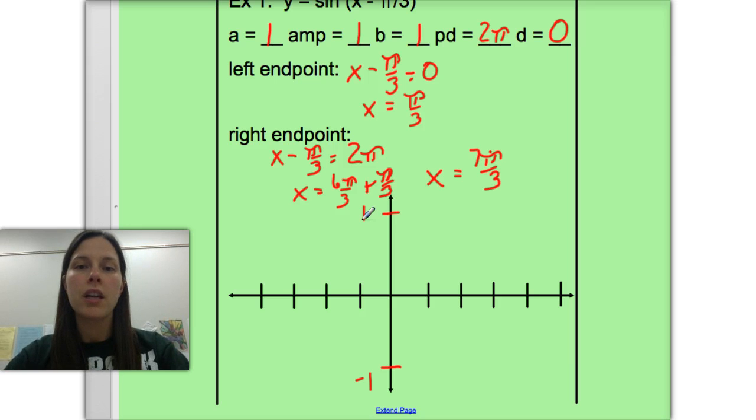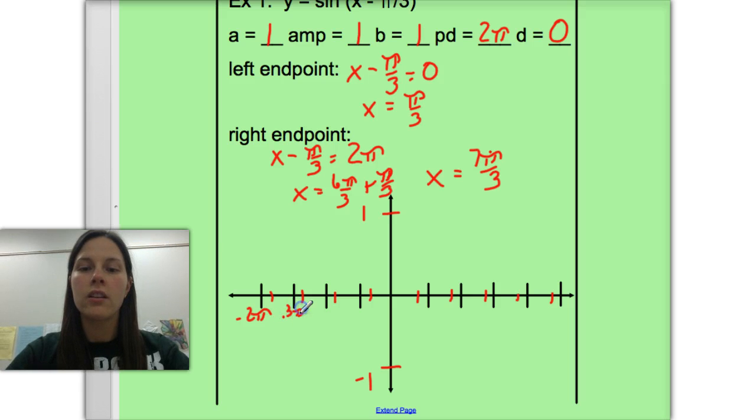So I'm going to make my new mark just to the left of each of my old marks. And these are going to be where I'm plotting the values for my phase shift. I'm going to do that on both sides. But again, each of these are still those quarter rotations like they were yesterday.